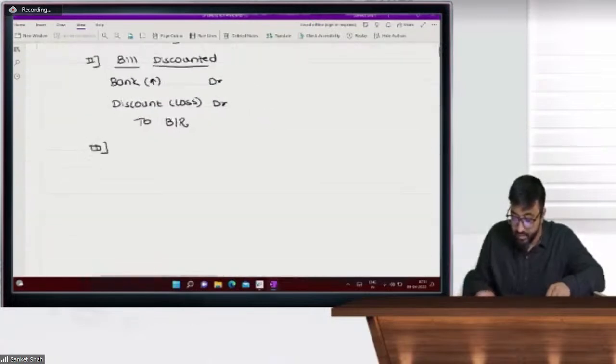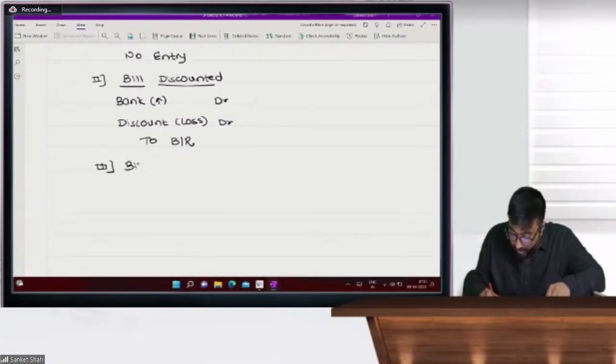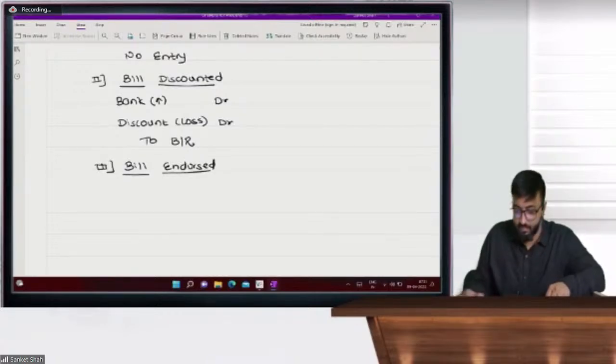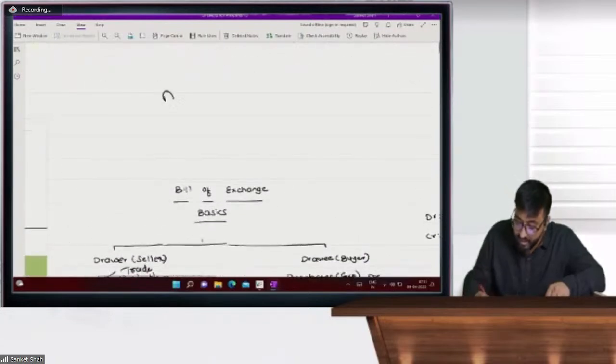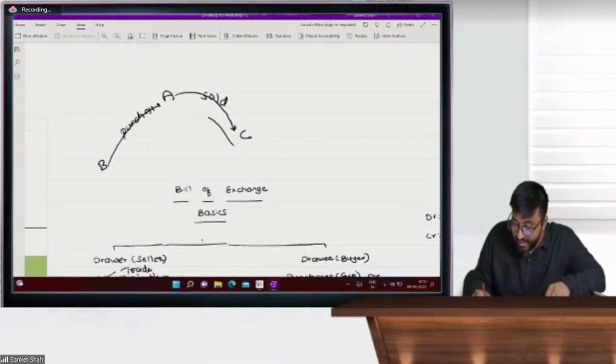And now the third situation, bill endorsed. Now what does bill endorsed mean? Mr. A purchased some goods from Mr. B, and A sold goods to C. Now C has given some bill and A has transferred that bill to B. It is called endorse.